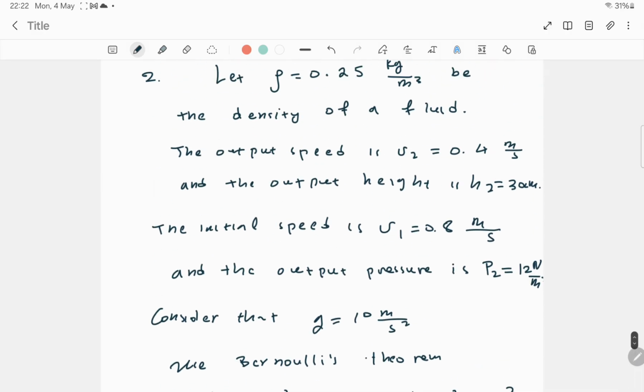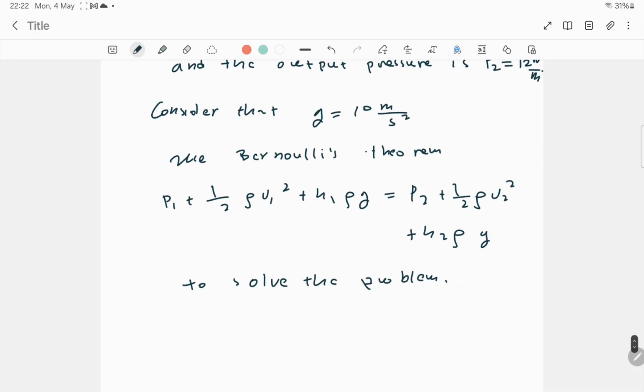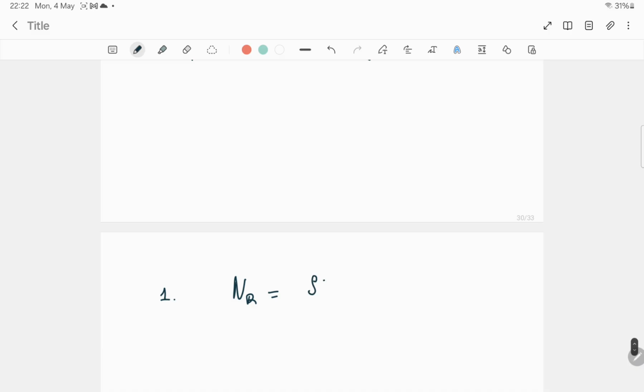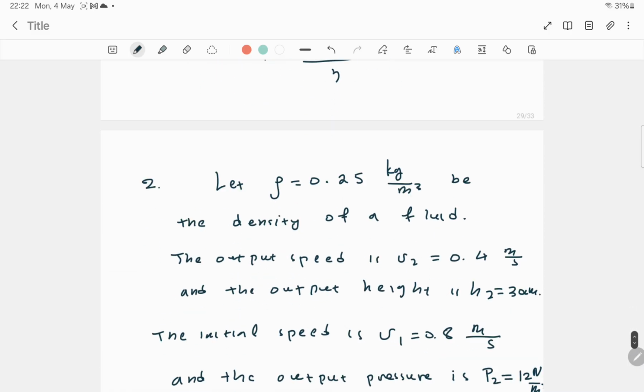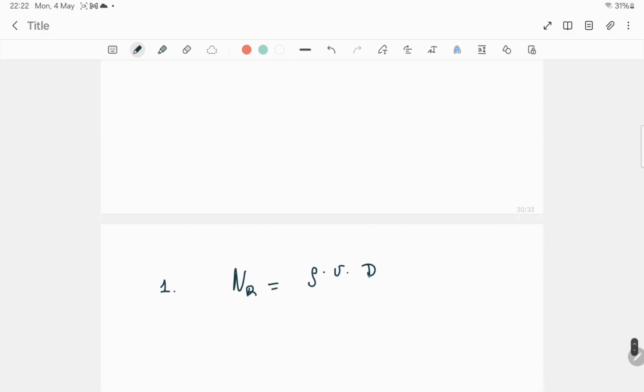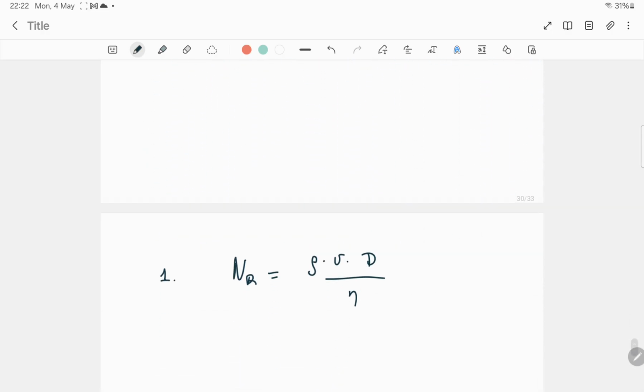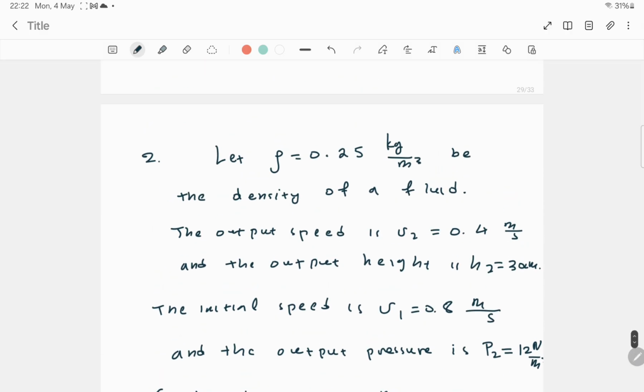So NR is the Reynolds number. It's going to be the density times the velocity times the length of the pipe over the viscosity eta. What is rho?